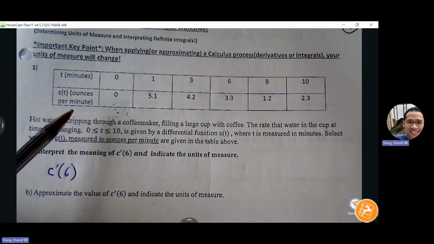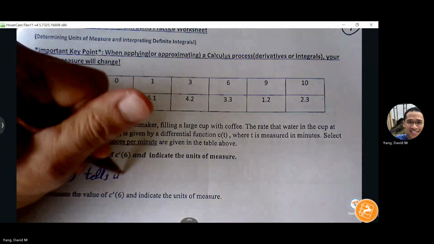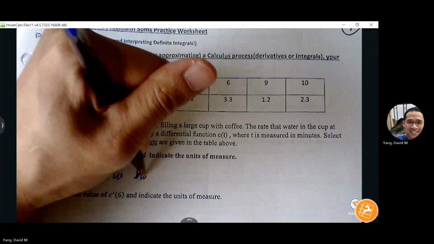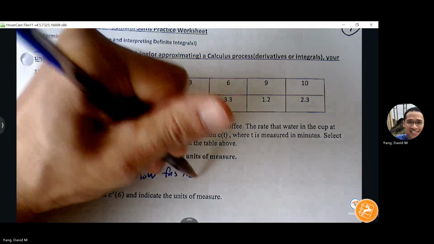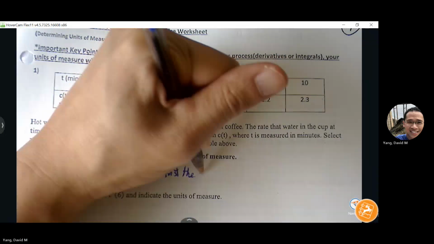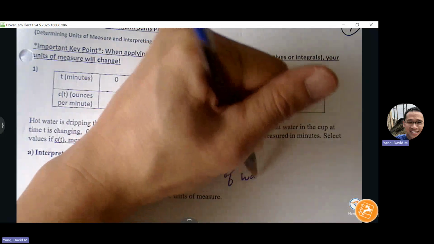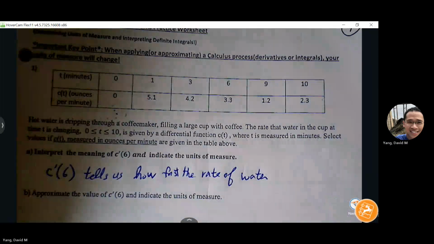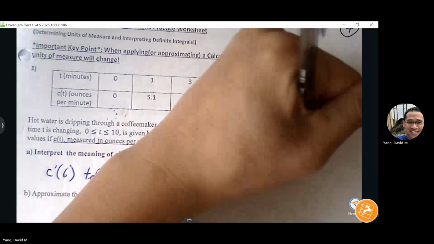C prime of 6 tells us how fast the rate of water added is changing.